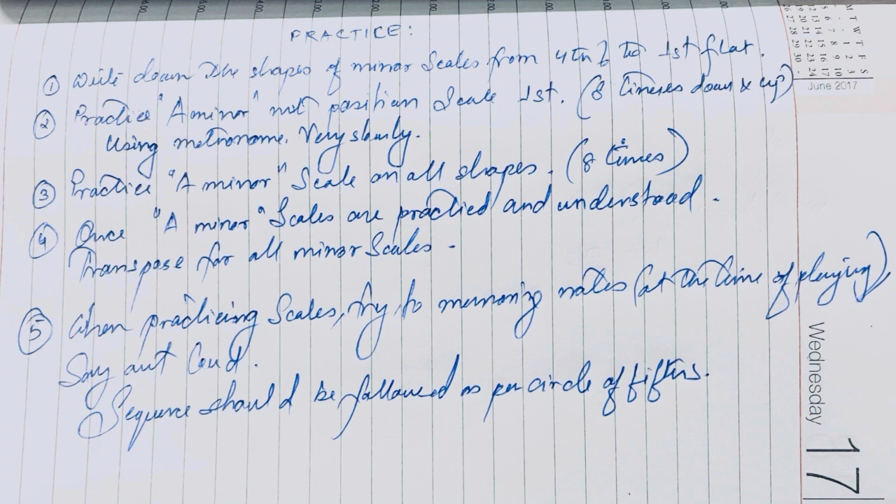By the time you become a good player, and whenever you choose the scales that you will transpose, always follow the circle of fifths, so that the notes that are there are correlated.